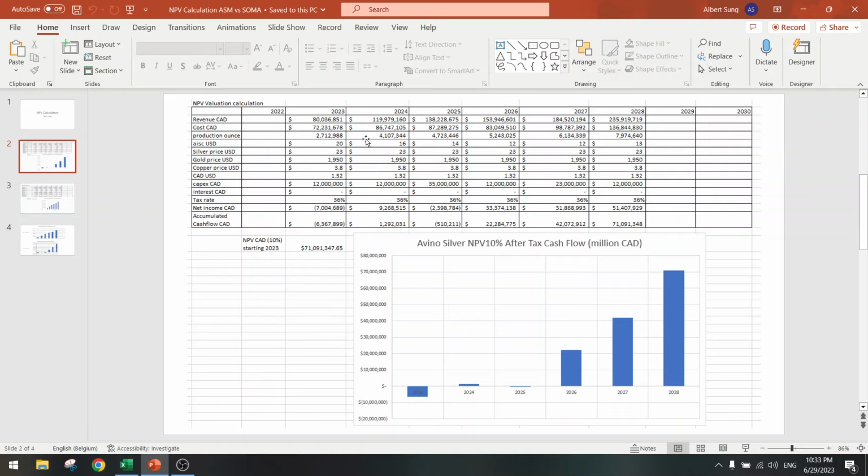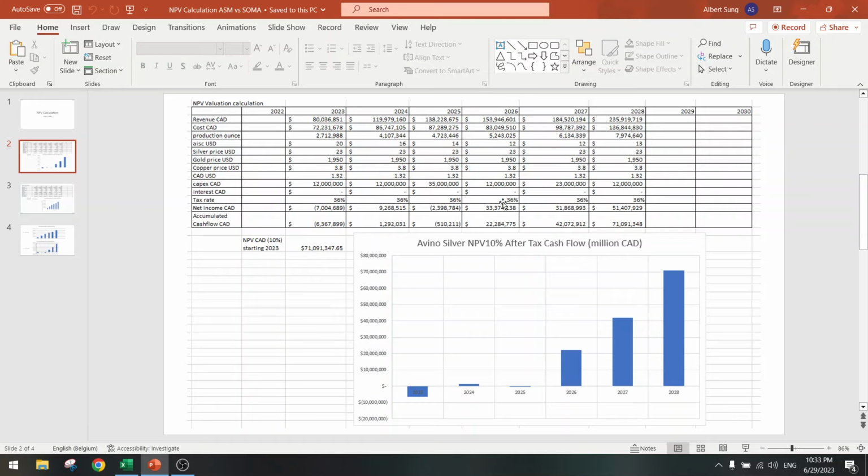Production is still at 4 million, then 4.7, so it's not at a level that is going to be hugely profitable. Also, the costs are still at 16, 14, and only in 2026 the costs will be low enough and production will be high enough to actually increase the cash flows.